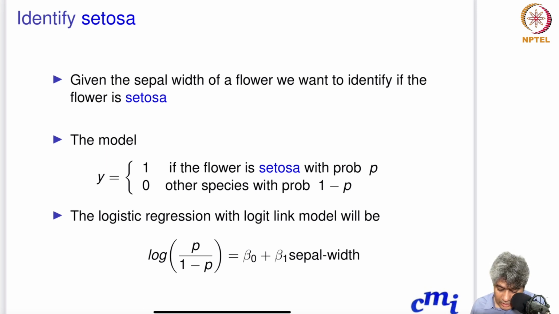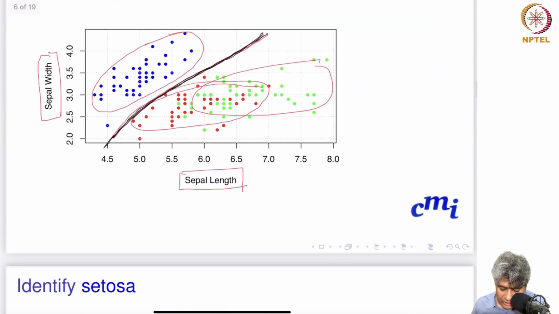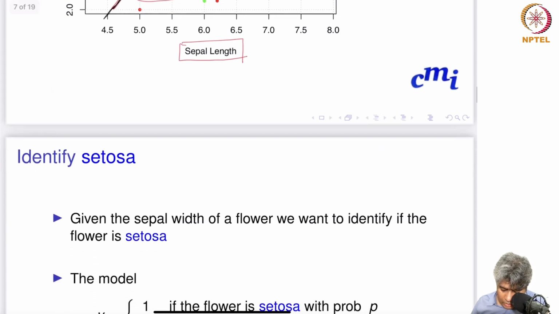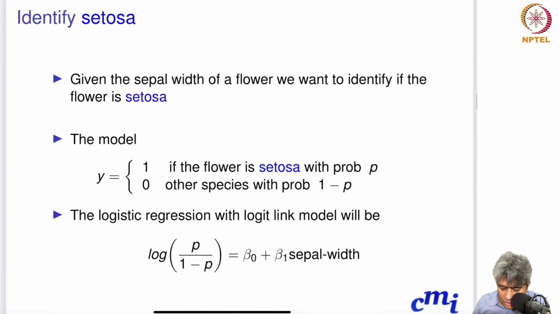Clearly identifying setosa will be easier than identifying versicolor or virginica. Given the sepal width of a flower, we want to identify if a flower is setosa.